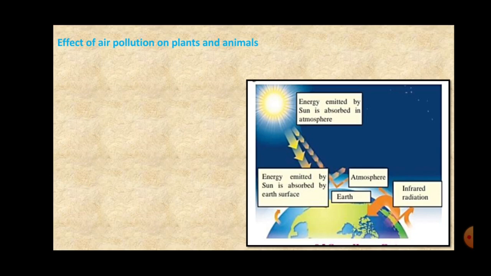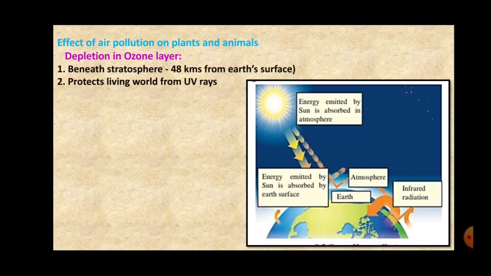Now in the picture you can see the energy emitted by the sun is absorbed in the atmosphere, right? It is absorbed by the earth's surface also, and infrared radiation is also given out. Now one of the adverse effects of air pollution is depletion of the ozone layer.